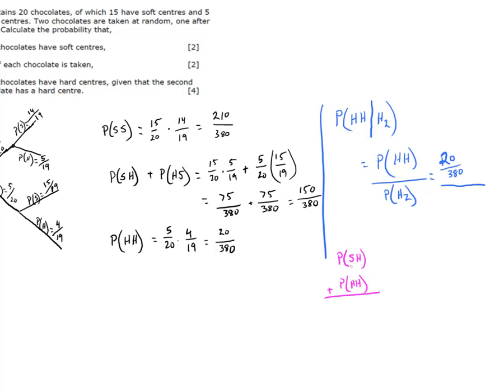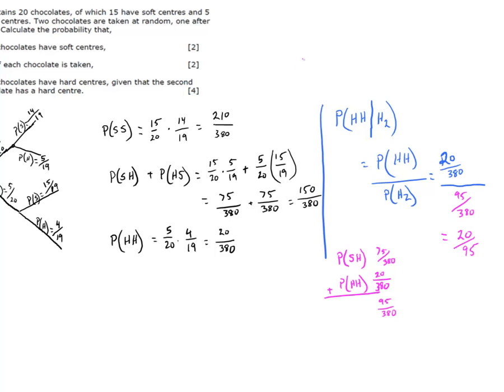Hard then hard is the same as it's been every time, and soft and then hard, we did that calculation before, is 75 over 380. Add those together, we get 95 over 380. So the probability of the second one being hard is 95 out of 380. And if we do that, we end up with 20 over 95 as the probability of choosing two hard, given that the second choice was hard.